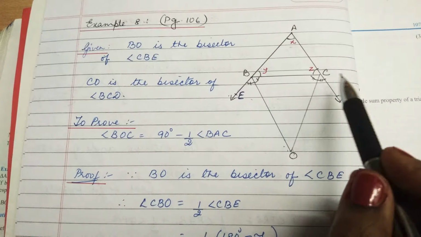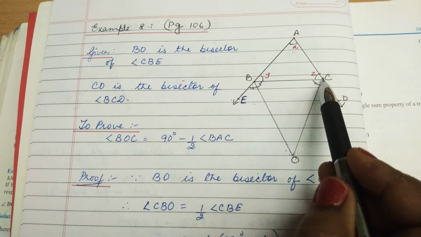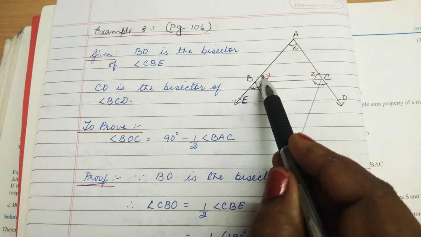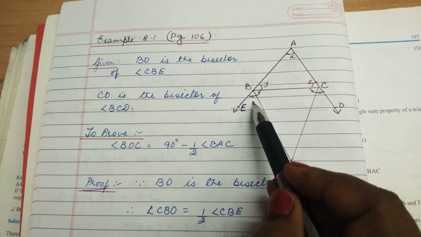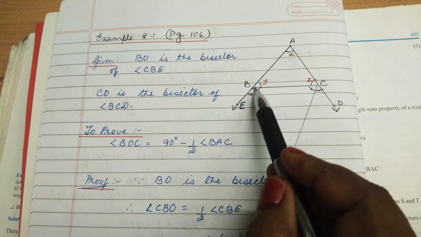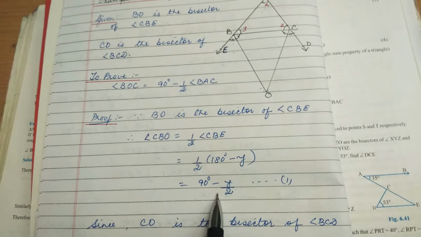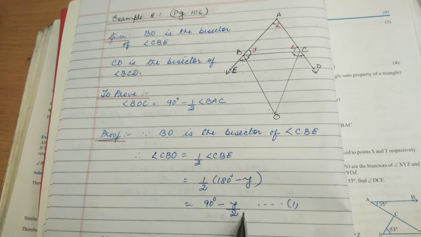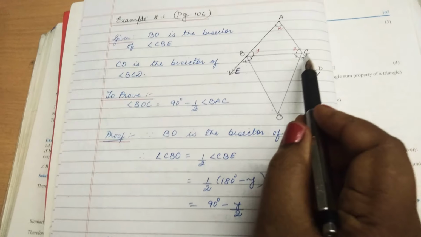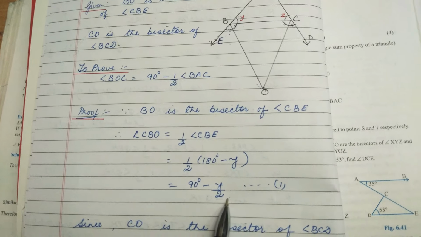So in place of CBE we can write 180 minus y, because angle CBE plus angle y equals 180 degrees. So half angle CBE is equal to half of 180 minus y. When you solve it, you get 90 minus y by 2. So angle CBO equals 90 degrees minus y by 2.